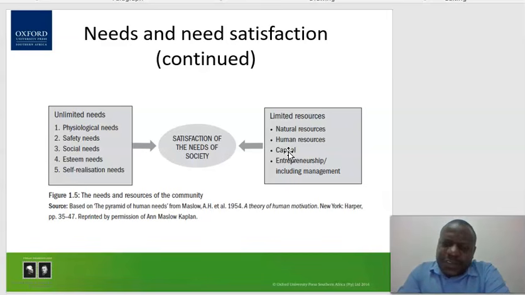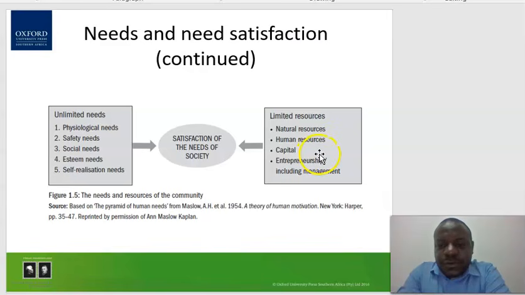I'm sure you know that land is depleting. It's a resource that is limited. Then we also have human resources, the mental capabilities and skills of people themselves. It's also a limited resource. As a factor of production, we're talking of labor.